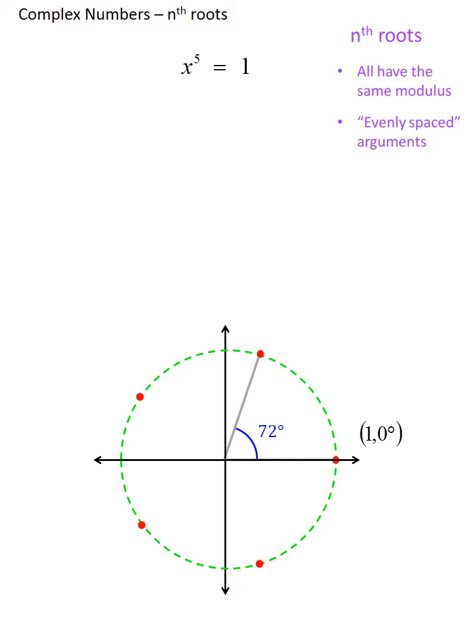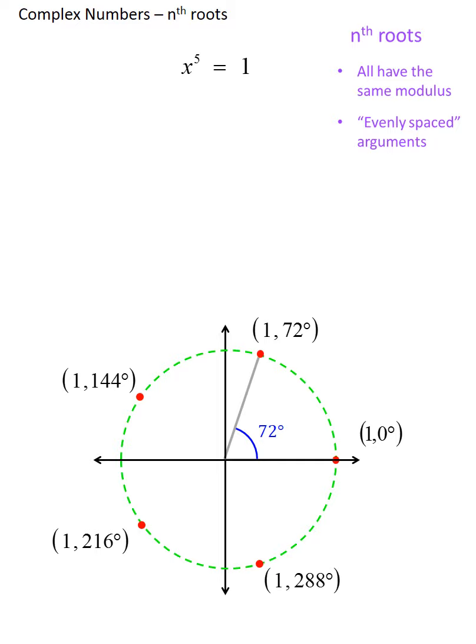Therefore, knowing that one of my solutions is at a 0-degree angle, I can add 72 to that, add 72, add 72, and add 72 one more time to get all 5 fifth roots in polar form. All I have to do now, as is typically the case, is convert those to rectangular form, and I'm done.